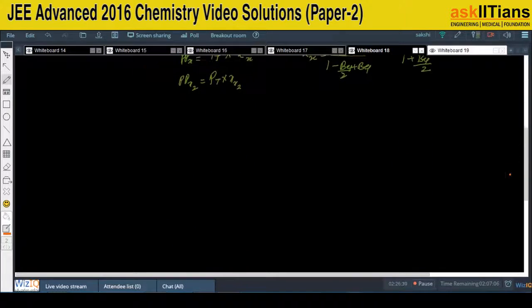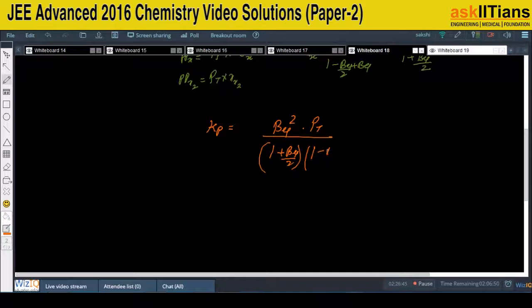If I ask you to solve this, you can say Kp will be equal to B equilibrium whole square, Pt square by Pt. It will remain as Pt only, and then the 1 plus B equilibrium by 2 will get cancelled. So you have 1 plus B equilibrium by 2 multiplied by 1 minus B equilibrium by 2, and if you solve it you will get 2B equilibrium square divided by 1 minus B equilibrium by 4.